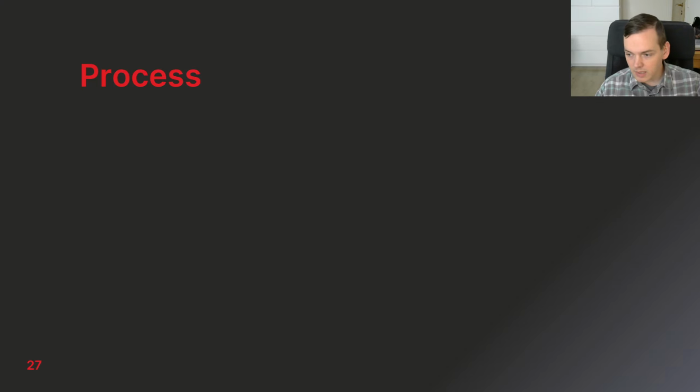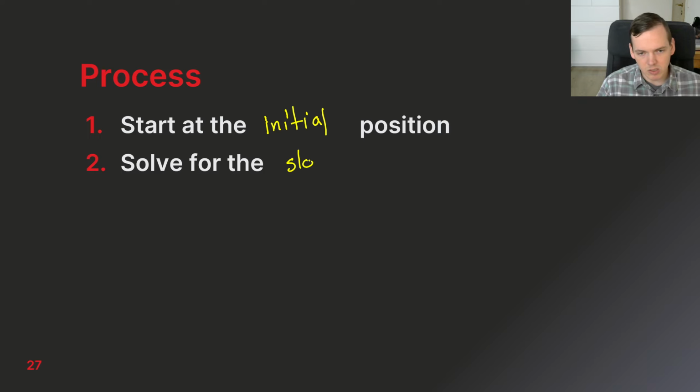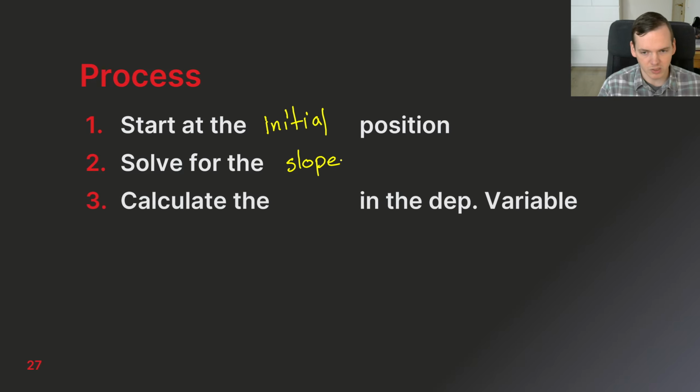So the process here: start at the initial position. Plug in the initial position to find the initial slope at that position. Calculate the change in the dependent variable, so that's the y value, and that's going to be delta x times slope.